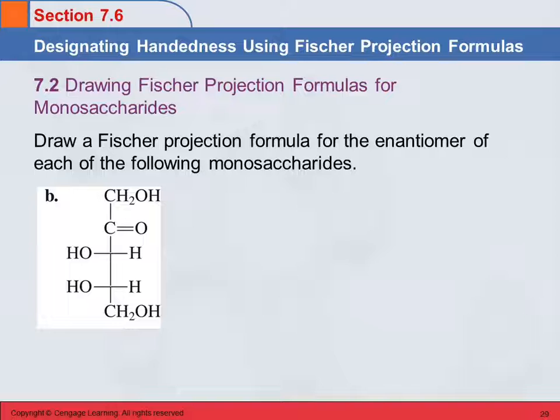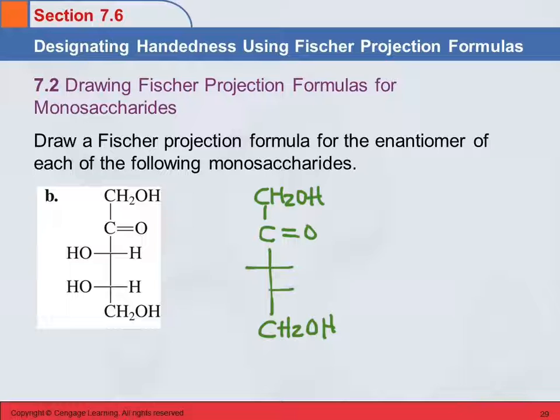But drawing the Fischer projection of the mirror image, the enantiomer, is very much the same. So there's that carbonyl group. This part is not chiral. It's just got the 2 chiral carbons in the middle there, right here, that one and that one.